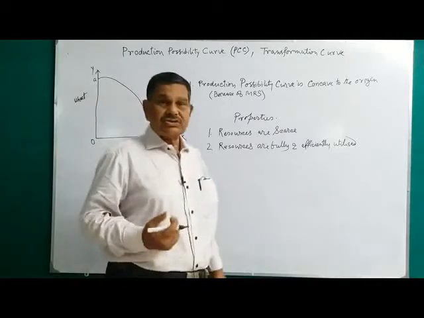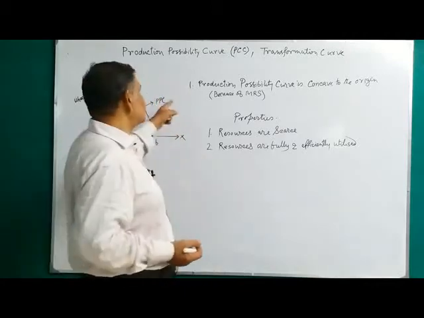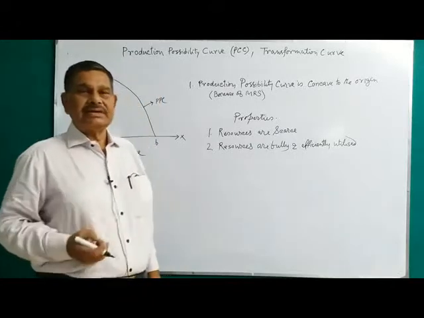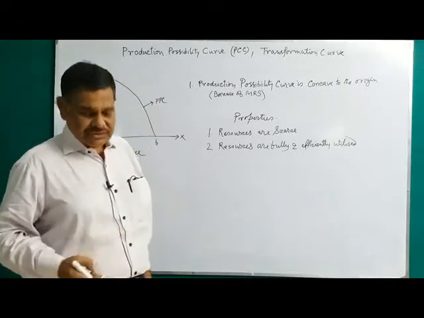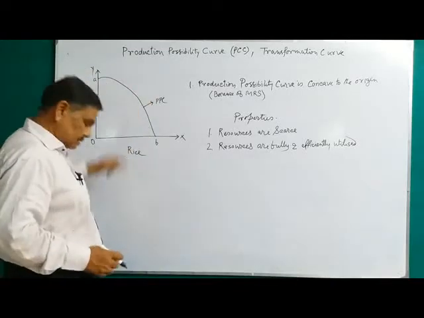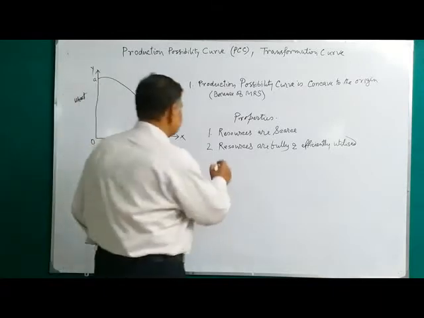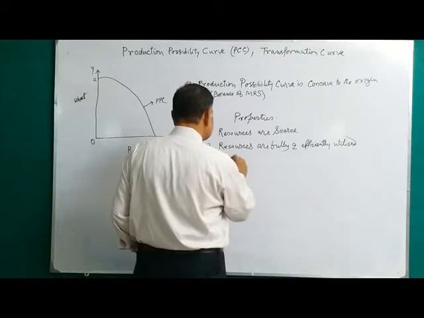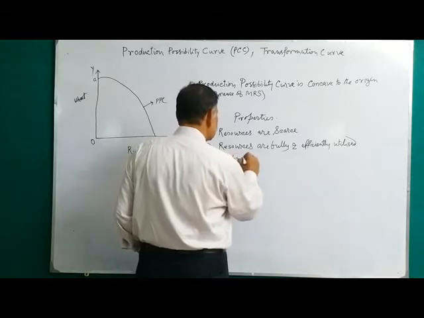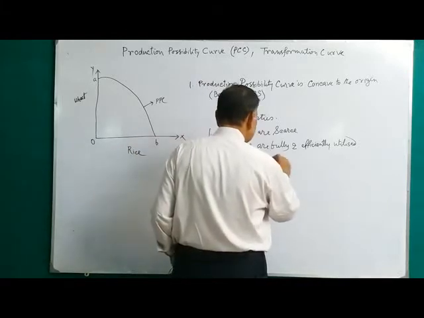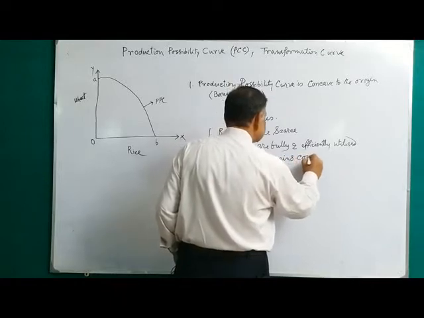Therefore, you must not produce one commodity, suppose wheat, leaving rice, which would be wastage of money or wastage of resources. And during this production, technology remains constant. The third property is that technology remains constant.